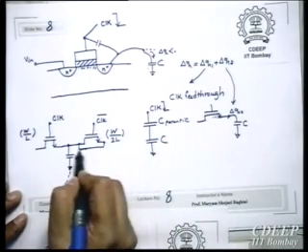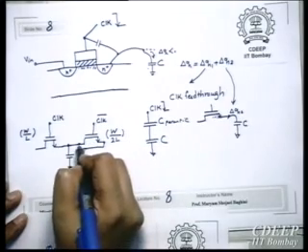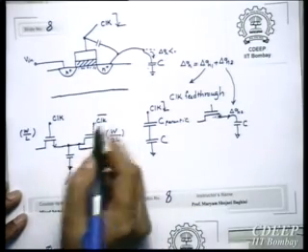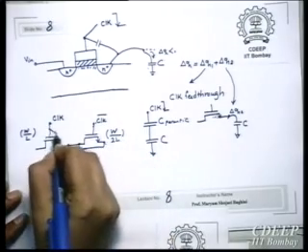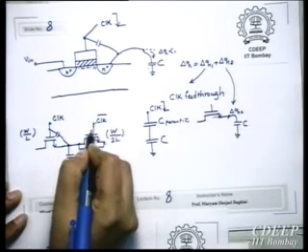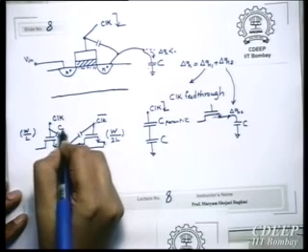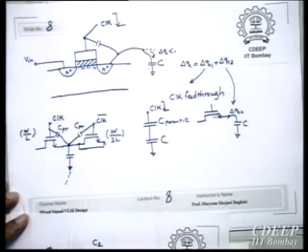Because you have connected source and drain, the effective capacitance you see will be from gate to drain as well as source to gate, so it gets multiplied by 2, therefore we use half. Therefore effectively these two capacitances are the same. If you call it C parasitic, this also will be C parasitic.